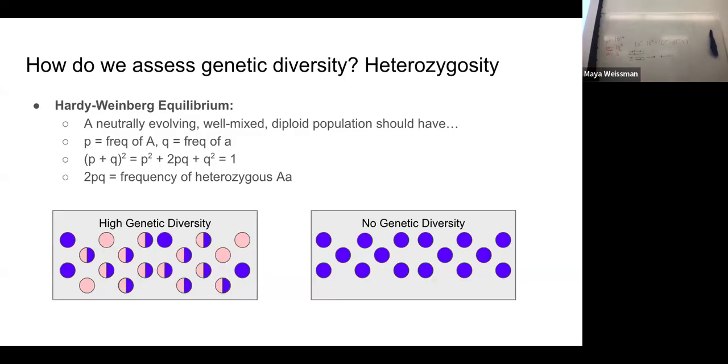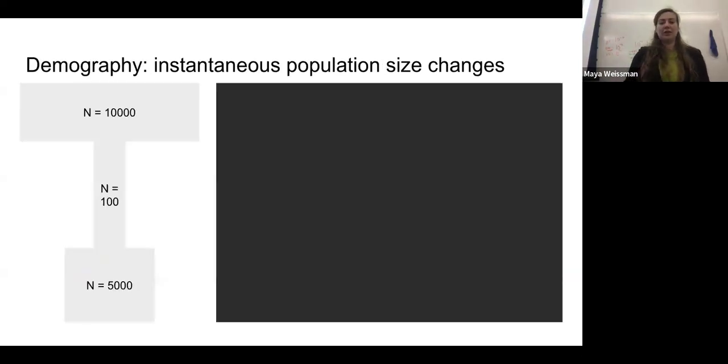If this number is very high, then that means we have a lot of diversity because we have an even mix of both P and Q. And if that number is 0, because Q is equal to 0, there's very little diversity.